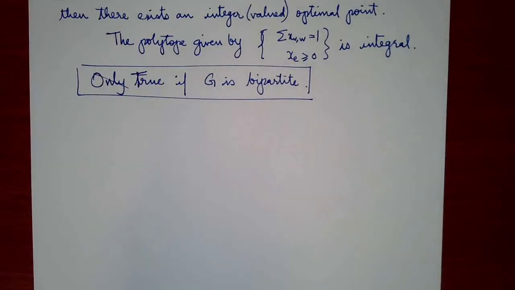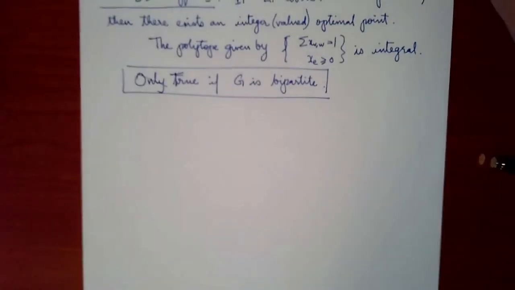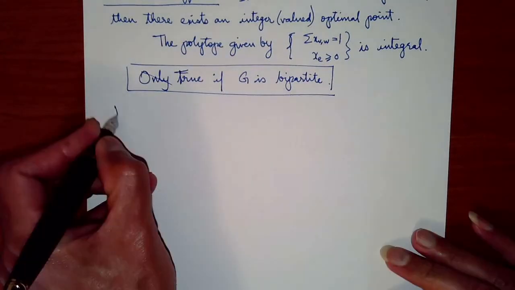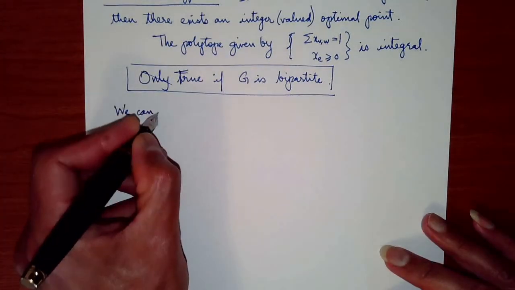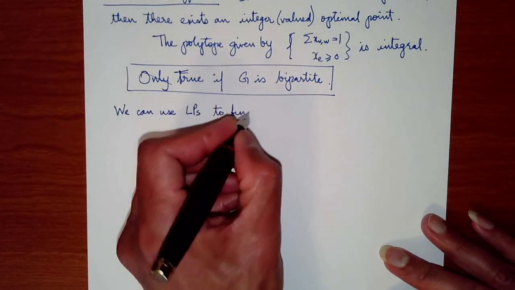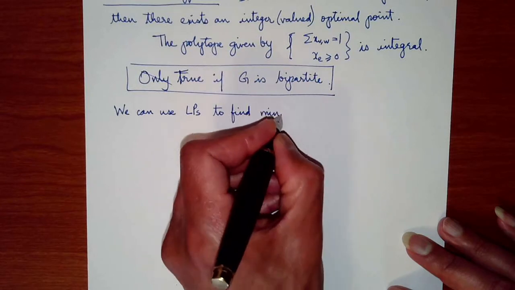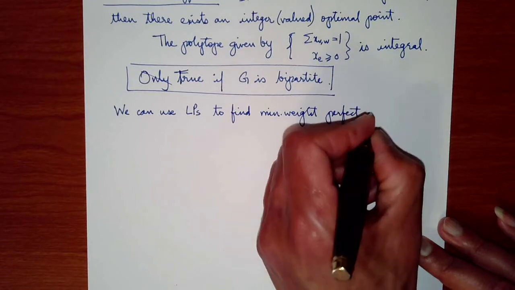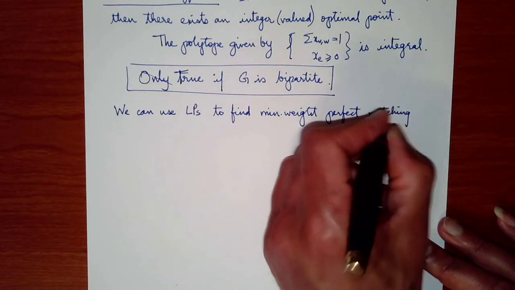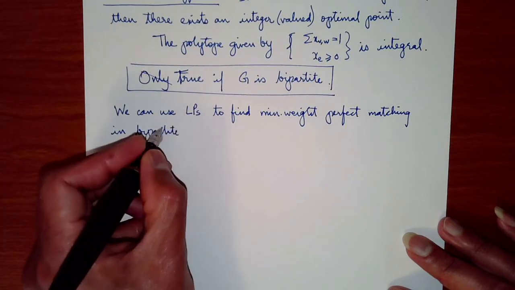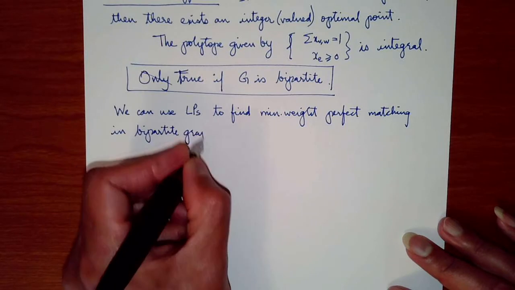So let's zoom out a little bit. What this says is we can use LPs to find the minimum weight perfect matching in bipartite graphs.